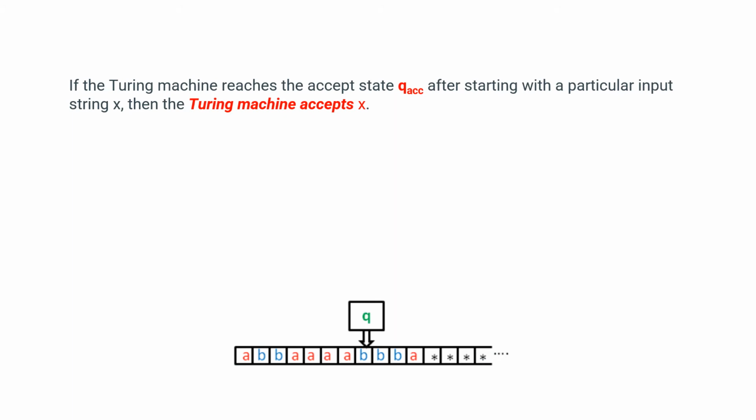If the Turing machine does eventually reach that accept state of QACC after starting with a particular input string, then we would say that the Turing machine accepts that input.